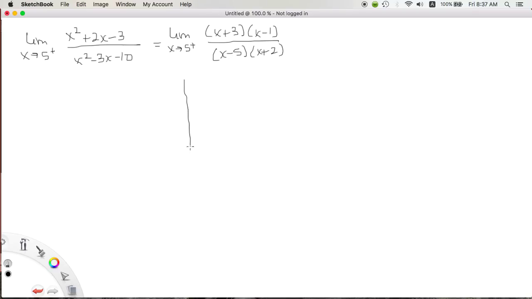So we can look at our graph. We have an asymptote at -2. We have an asymptote at 5. We actually have a horizontal asymptote at y equals 1, which we'll look at in a minute. And our function looks like this.